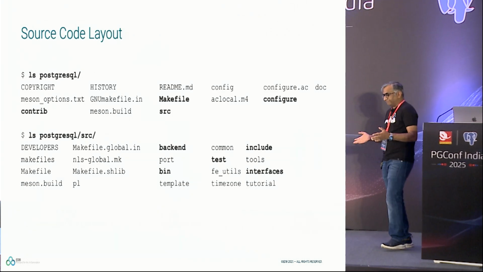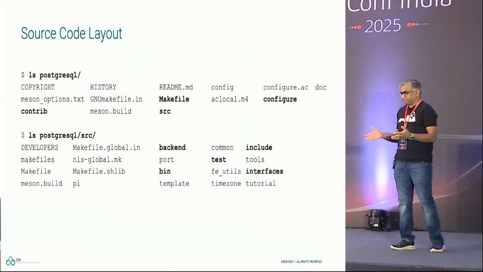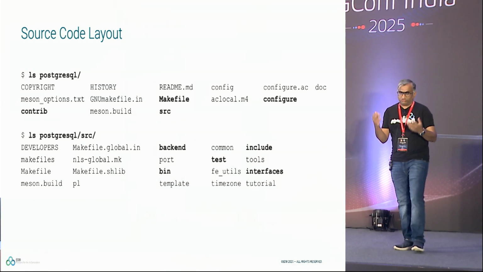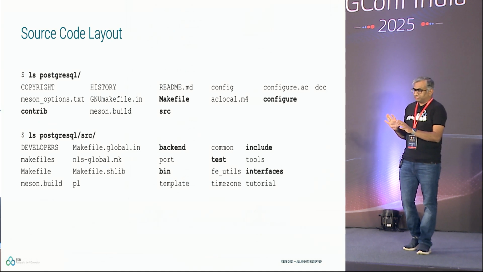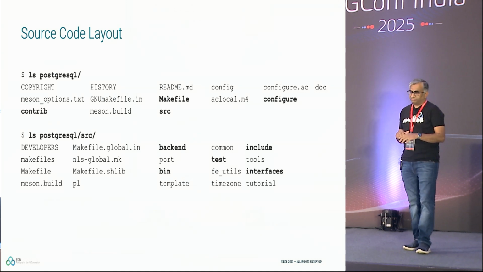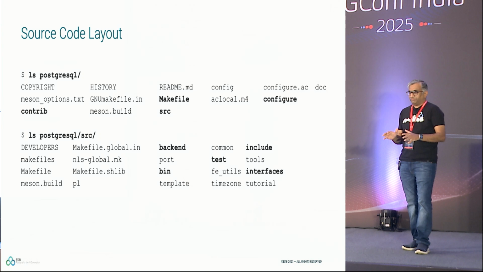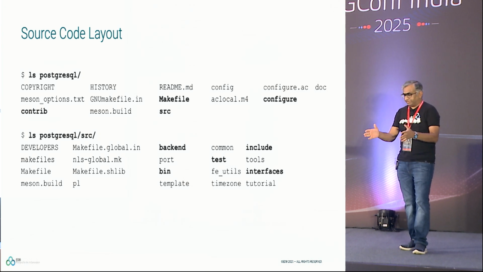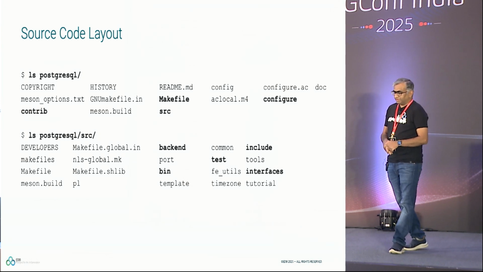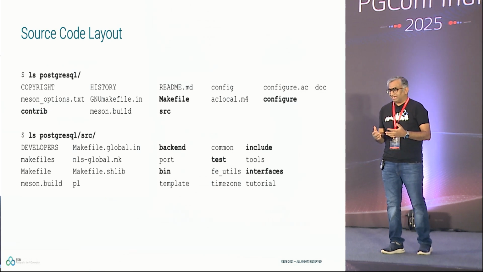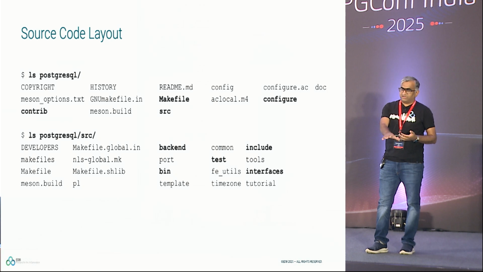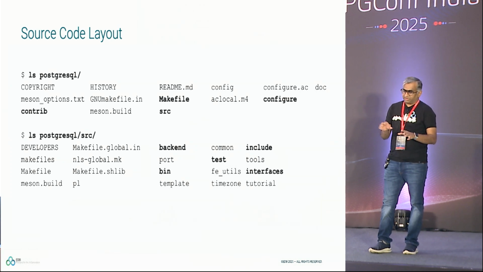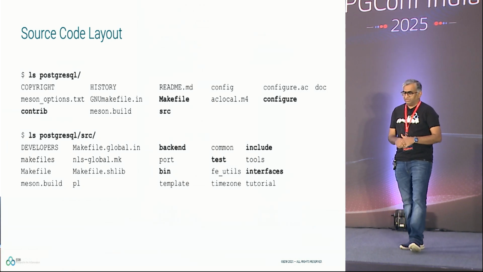So once you have the source code downloaded, either via Git or tarball, this is the source code layout that you would see. At the top level, you have these various directories. As developers, I think our interest would typically be in the src directory or the contrib subdirectory at the top level.